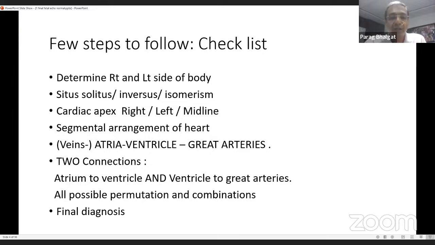The most important thing I follow in a fetal echo is to do a checklist. I try to do all fetal echos in a particular way so that I avoid missing things. The things I follow are determining the left and right side of the body, determining situs, whether solitus, inversus, or isomerism, and deciding the cardiac position.